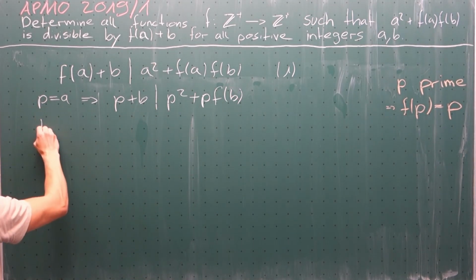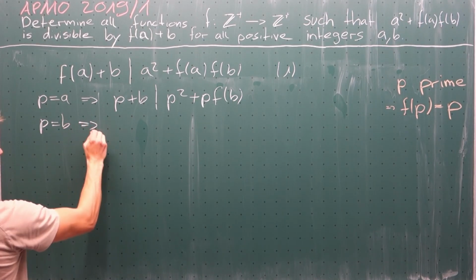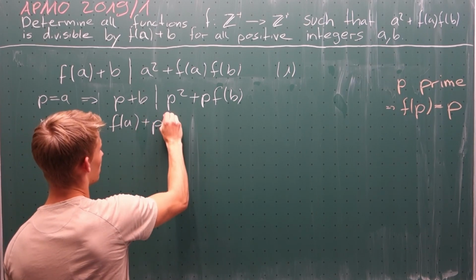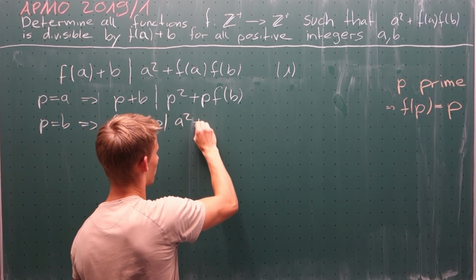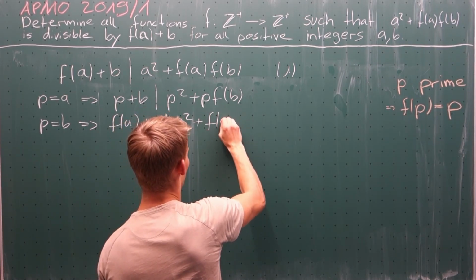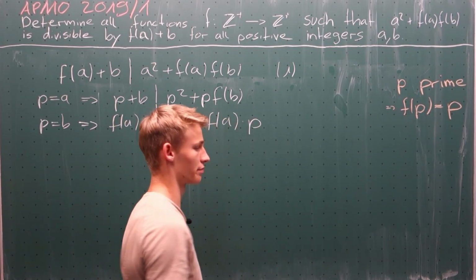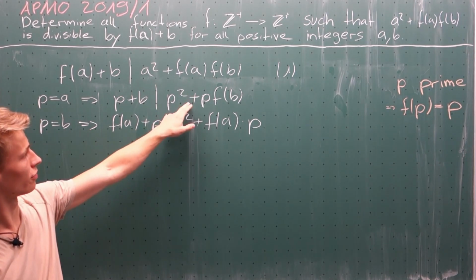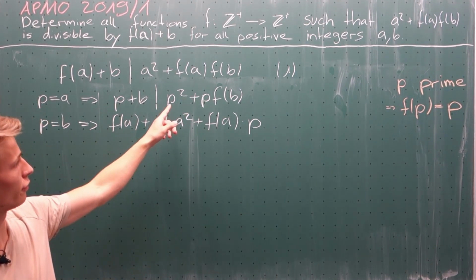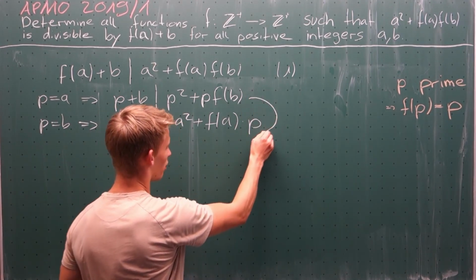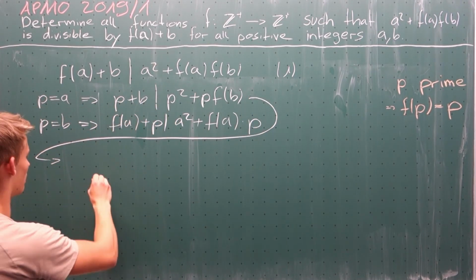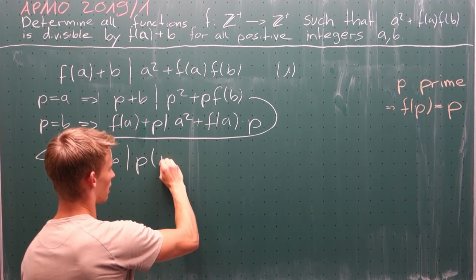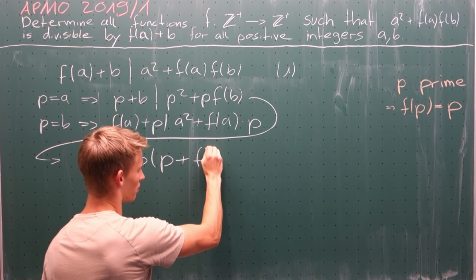And if we put in p equals b, we get f of a plus p divides a squared plus f of a times p. Now we see that in this equation we can factor out p on the right hand side, and therefore this might be the better choice to work with. So we take this one and get p plus b divides p times p plus f of b.